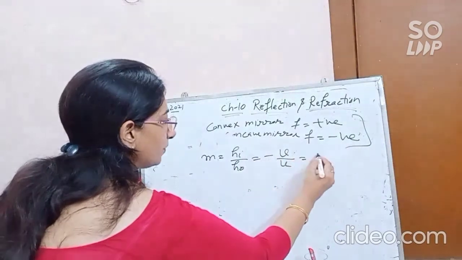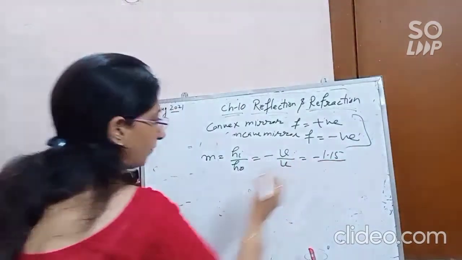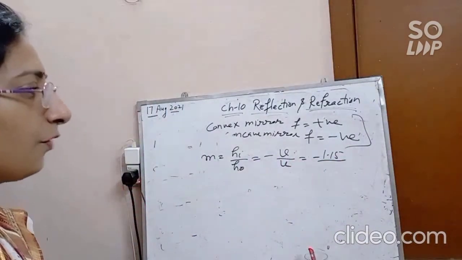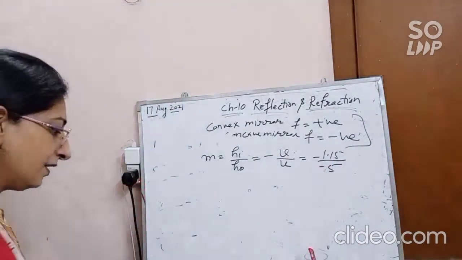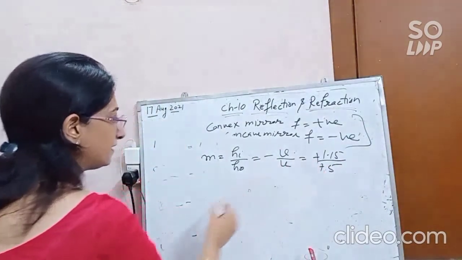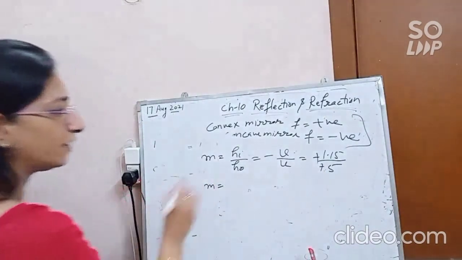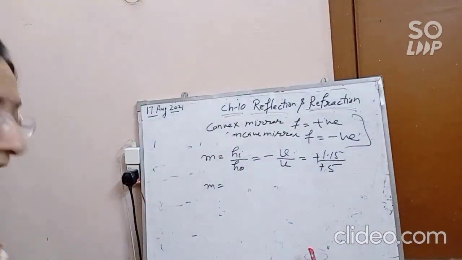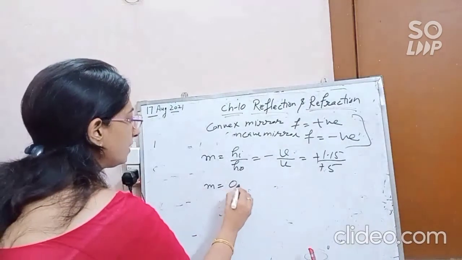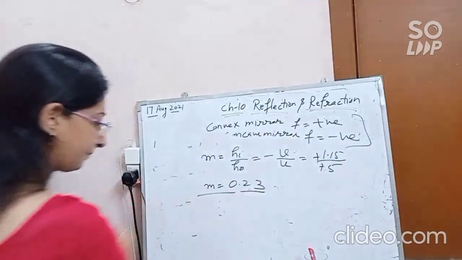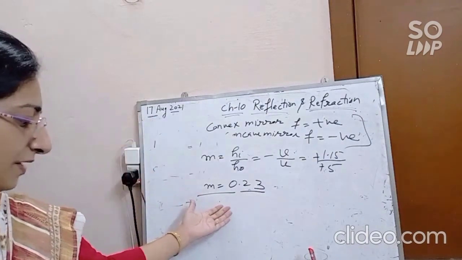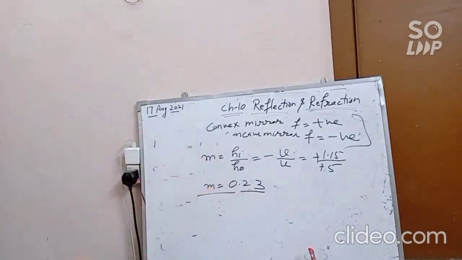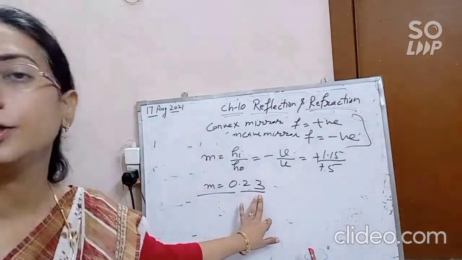Yes, we can put the values: minus 1.15 divided by minus 5. So minus minus cancel. So magnification is how much? 1.15 divided by 5, that is equal to 0.23. Okay, so which type of image is formed? Image is formed virtual, erect and small in size by the factor of 0.23.